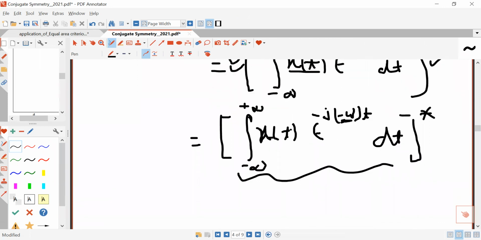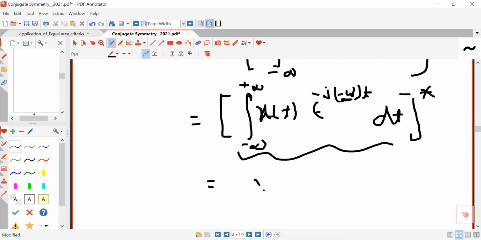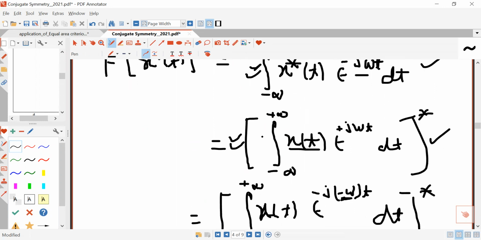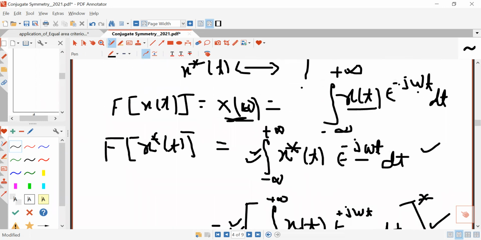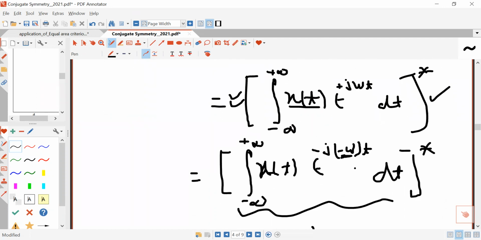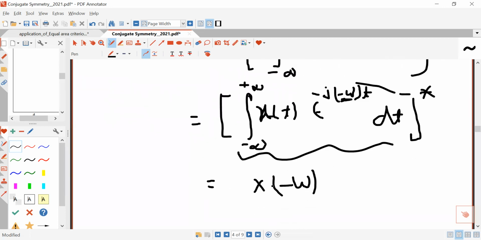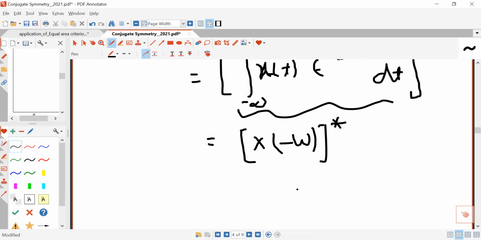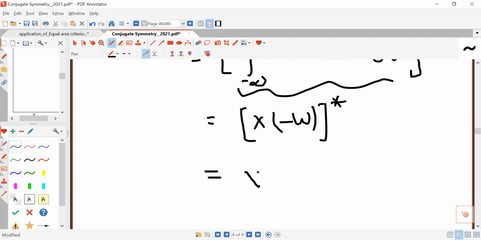So this term you can write as X of minus omega, because X of omega has e to the power minus j omega t, and in this expression omega is replaced by minus omega. So this entire integration can be written as X of minus omega, conjugate, or you can write X conjugate of minus omega.